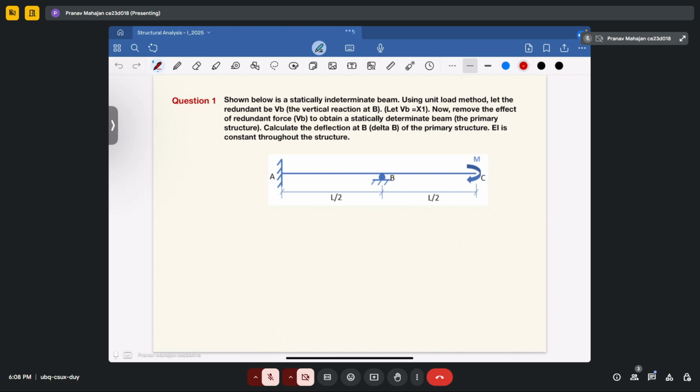So in this case we have to calculate static indeterminacy.